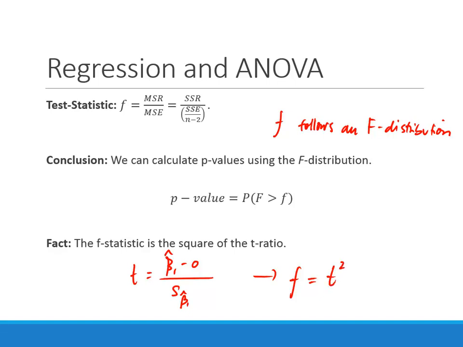So again, that's why these tests are equivalent in this simple case. These tests will tell you the same thing, and your test statistics are related to each other in that way. So again, the T ratio comes from testing the null hypothesis that beta 1 equals 0. So that's why we subtract off 0 there in the test statistic.